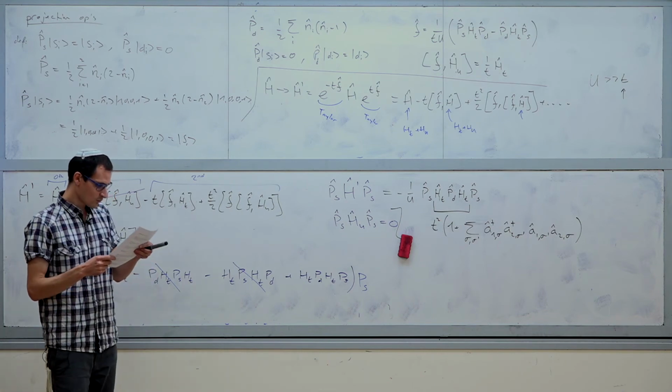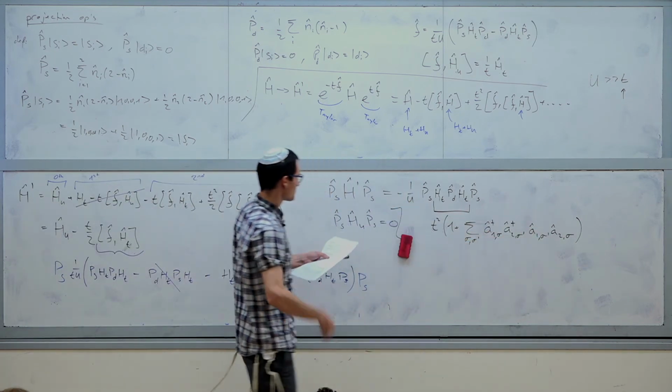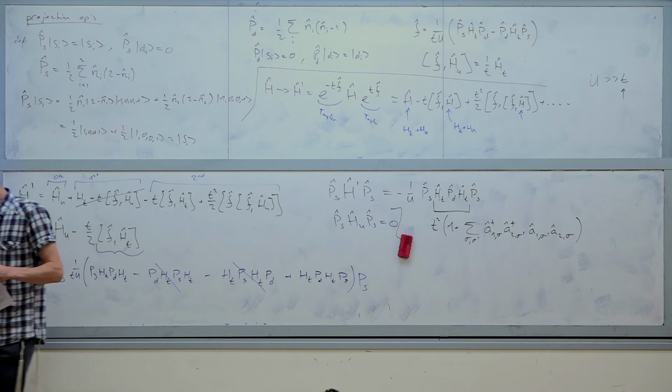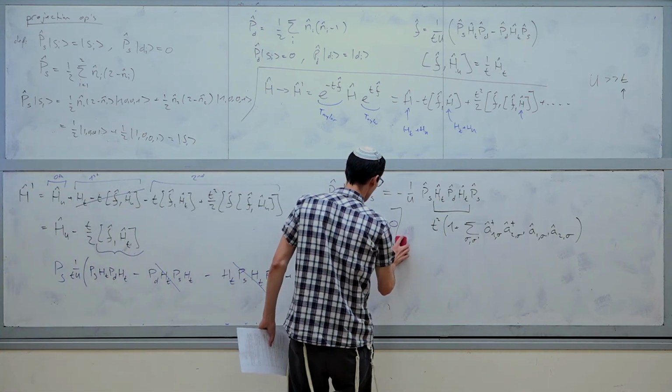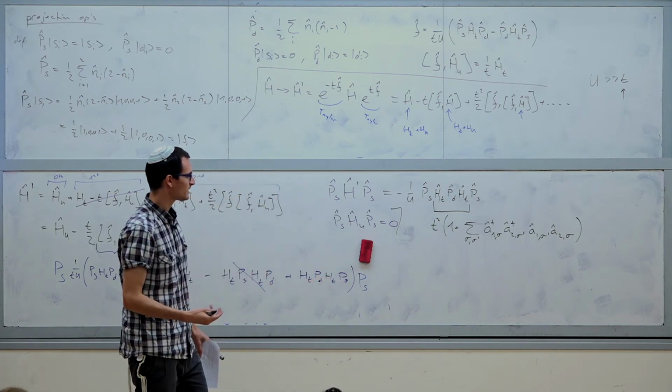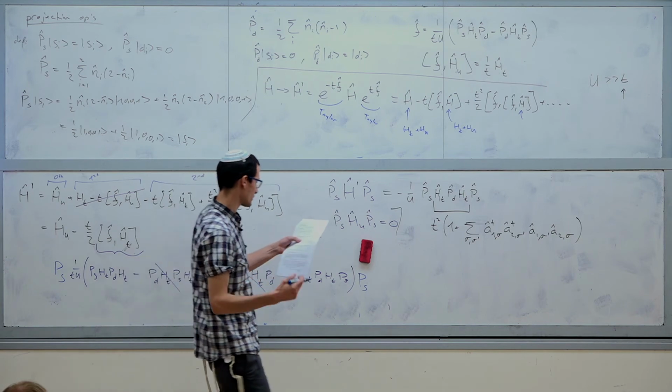And then when you put back the PS on both sides, math happens again. And you also use an identity of Pauli matrices, which I have given to you in the homework, of course.